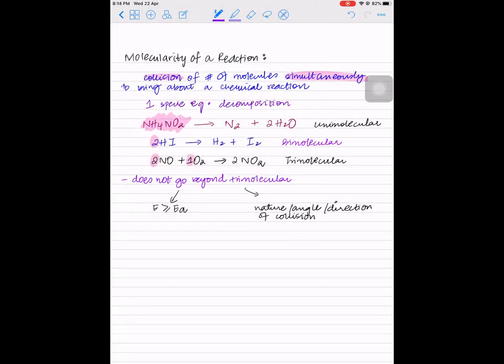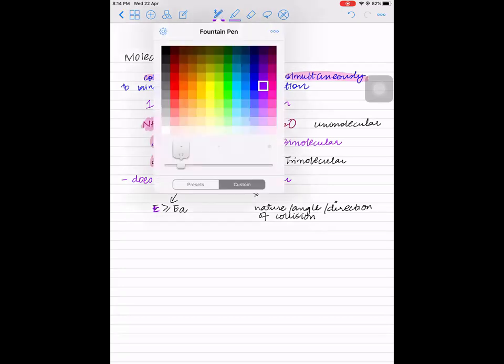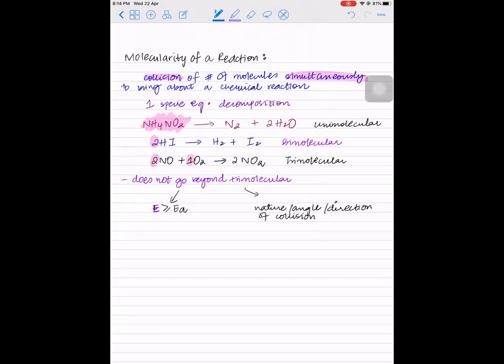When you have more than 3 molecules as reactants, it becomes very difficult to have all of them collide properly or successfully. That's why we do not have reactions which have molecularity greater than 3. Such reactions must occur in multiple steps.